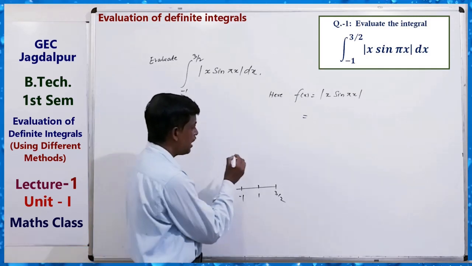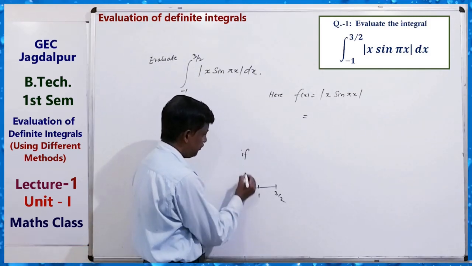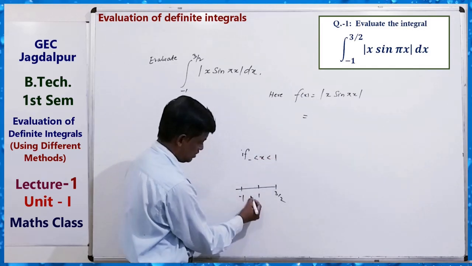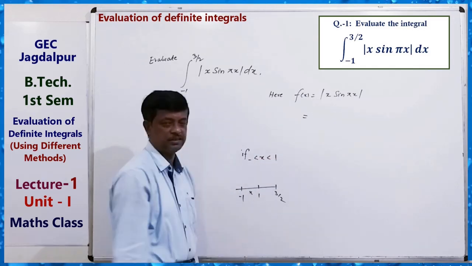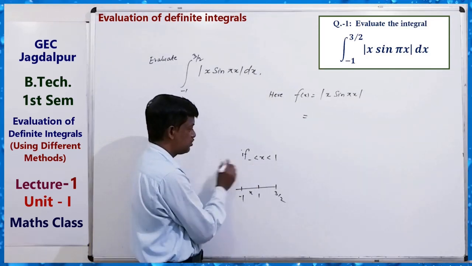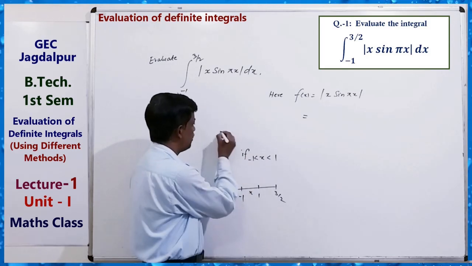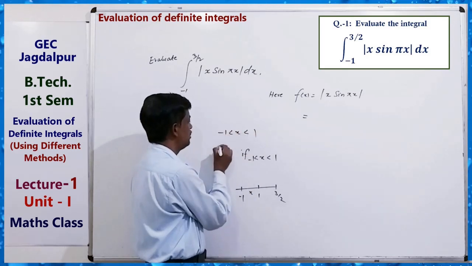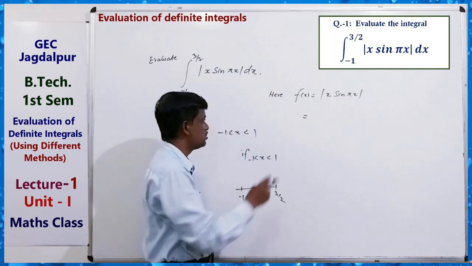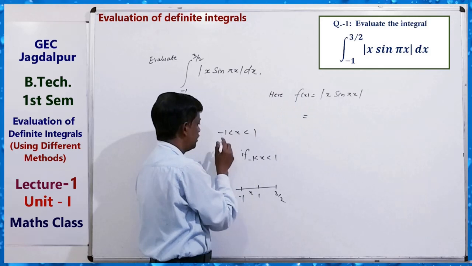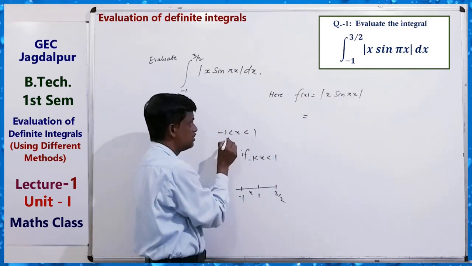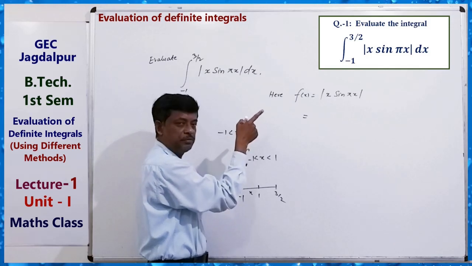So if x lies between -1 to +1, in this interval, then we require pi x.